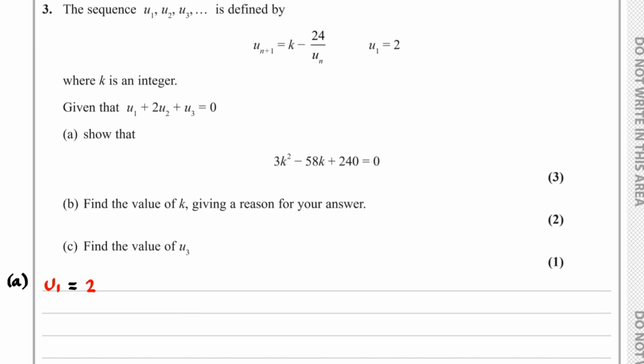To find out what U2 is, U2 is equal to, using the iterative formula, k minus 24 over U1.